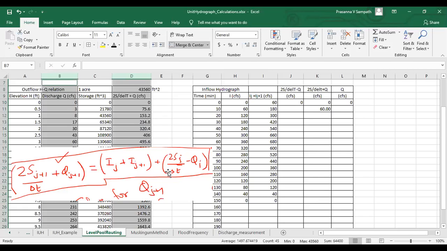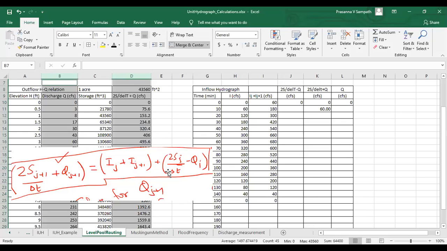Sir, if I already know the discharge and the storage capacity, why am I calculating the discharge again? No, you don't know the discharge. You only know discharge as a function of h. You don't know discharge as a function of time. If the water level in the reservoir is at a certain level, then you can measure the discharge and say this is the relationship between h and discharge.